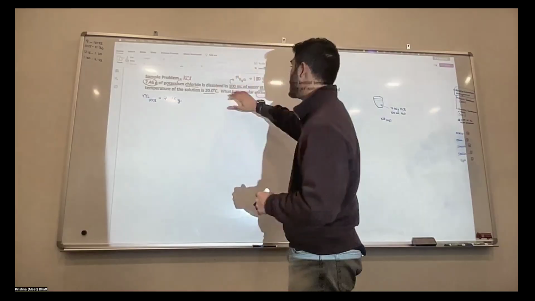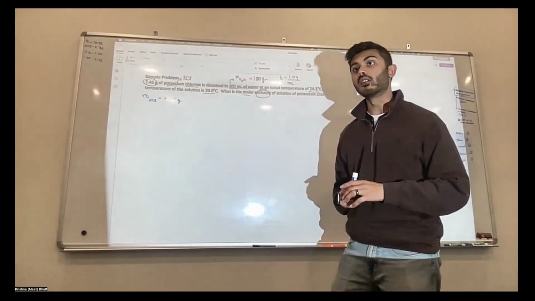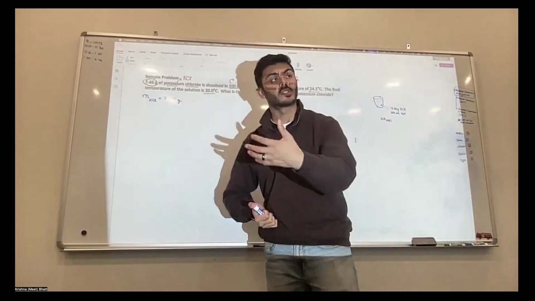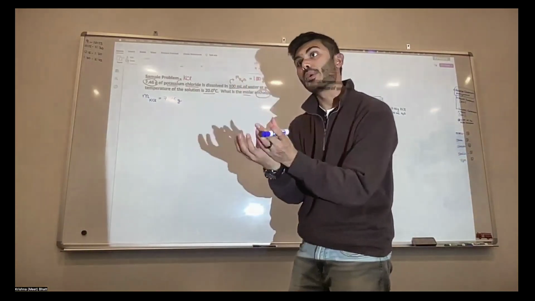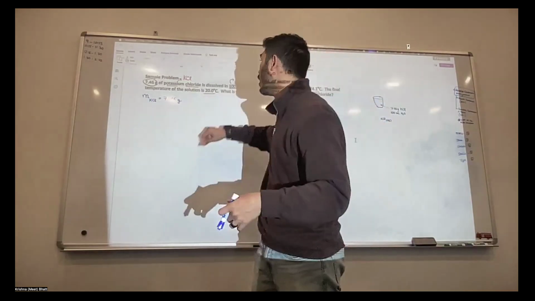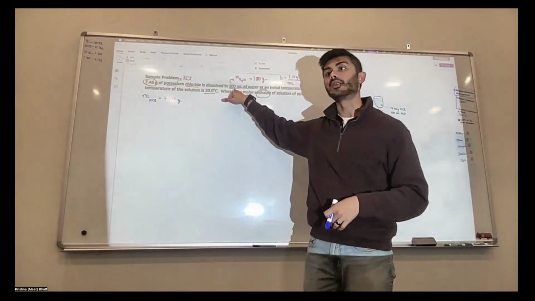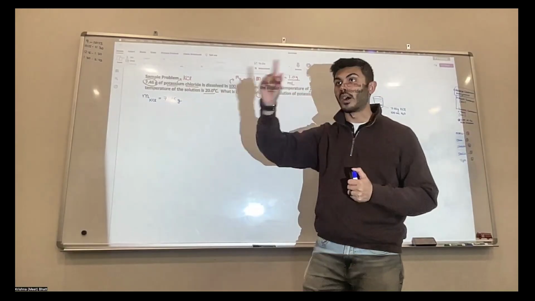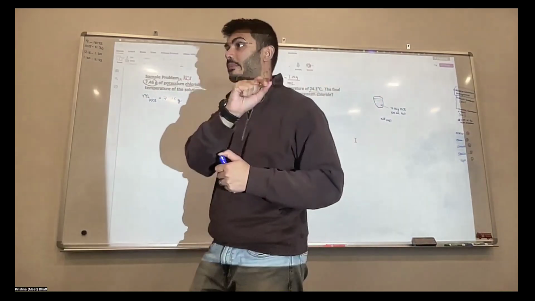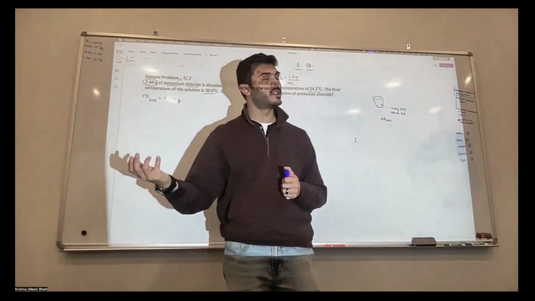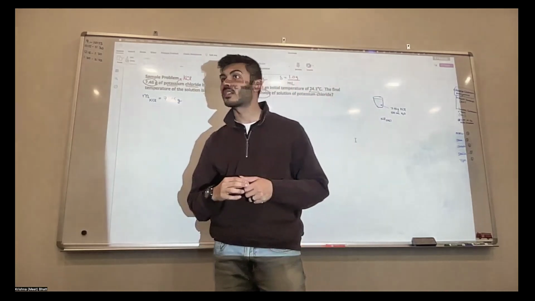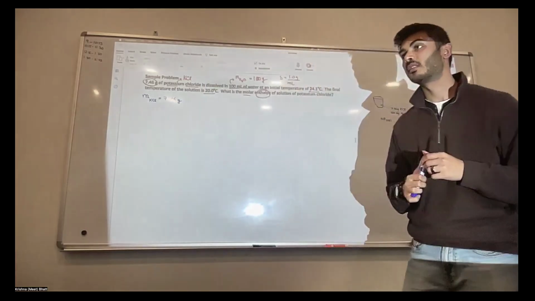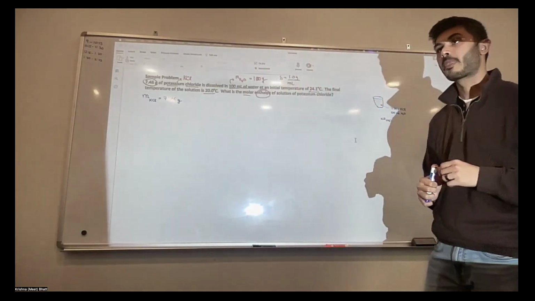So even if we have different aqueous solutions over here, we're going to assume that it has the same density as water. So keeping that in mind, this aqueous solution has a volume of 100 milliliters, and 1 gram is for 1 milliliter. So if I have 100 milliliters, how many grams would that be? 100 grams. Does that make sense or no? Was that confusing or was that okay?